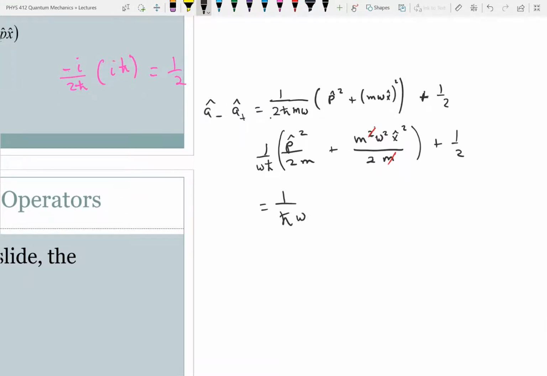We usually put the H bar first. The Hamiltonian operator was P squared over 2M plus 1/2 M omega squared X operator squared. So this is the Hamiltonian.